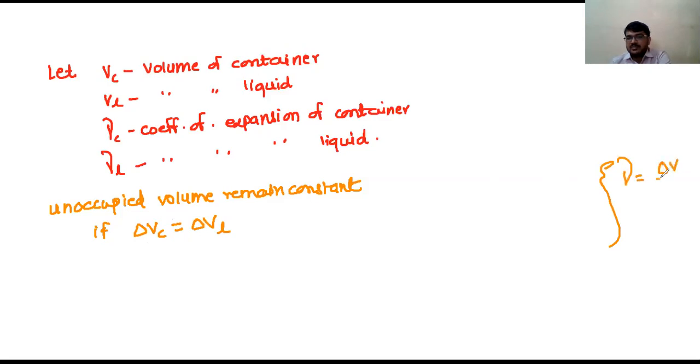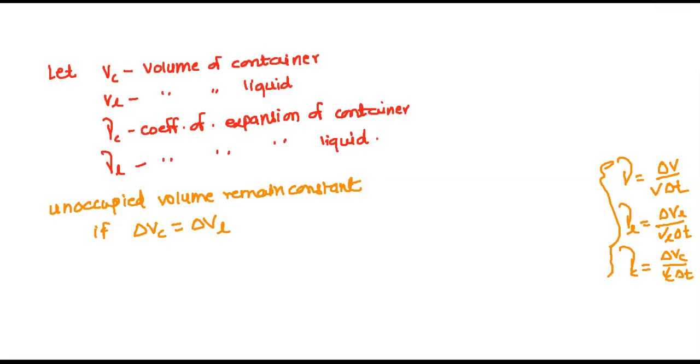Gamma is equal to delta V by V into delta T. So from this, for liquid I can write gamma L is equal to delta Vl by Vl into delta T, and for gamma C, it will be delta Vc by Vc into delta T.